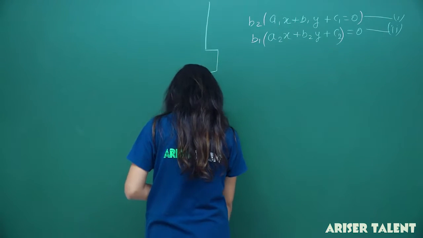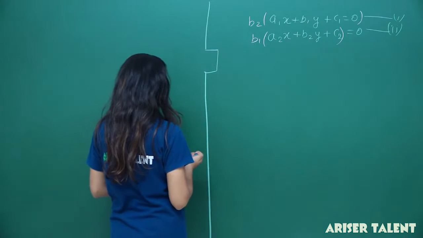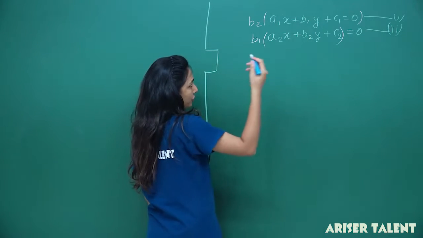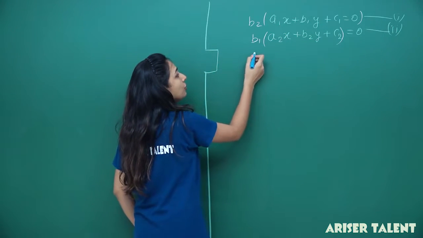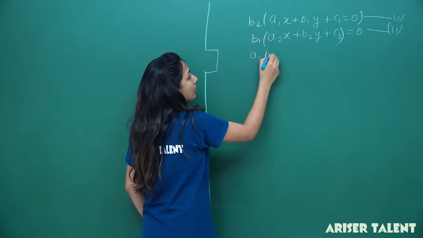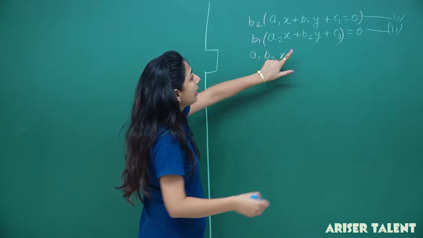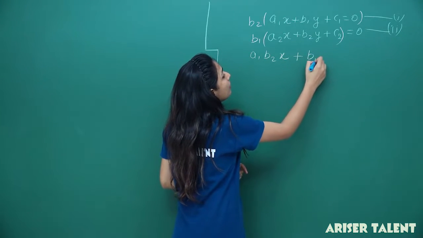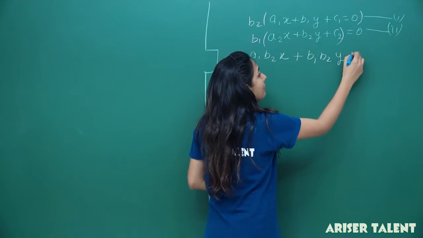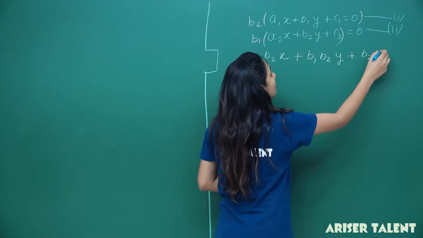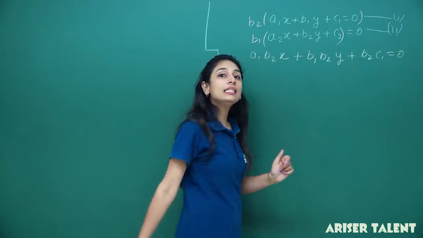Let's solve this and find the answer to your question. That will be a1 b2 x plus b1 b2 y plus b2 c1 equals 0.